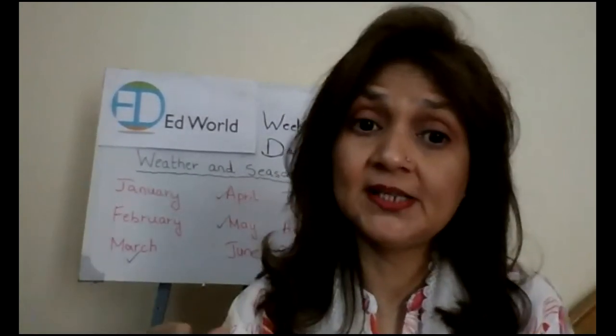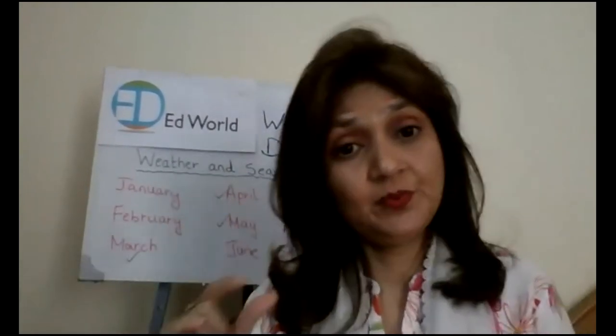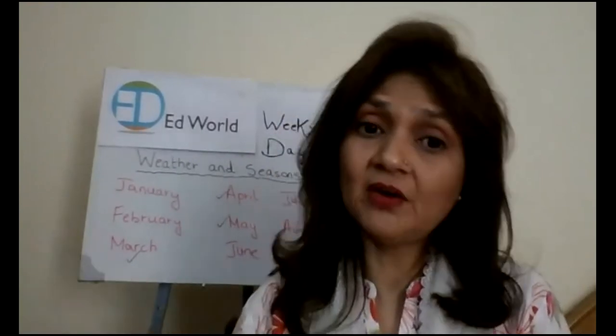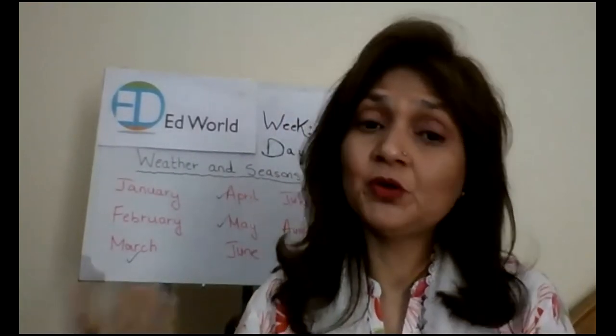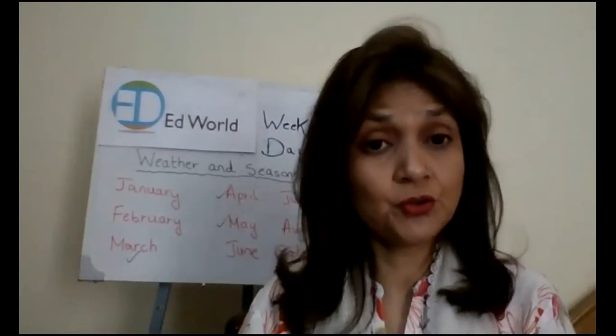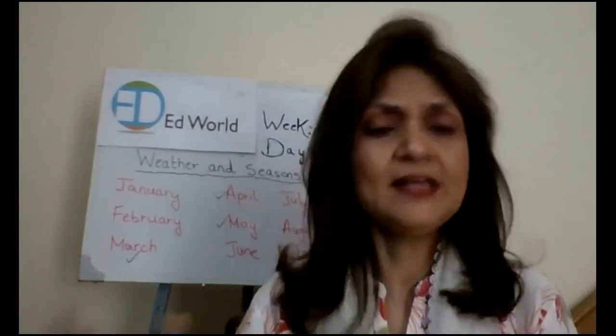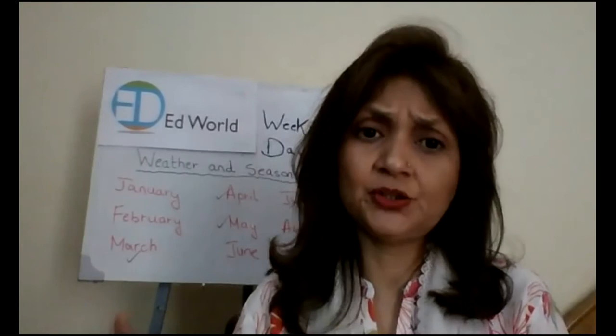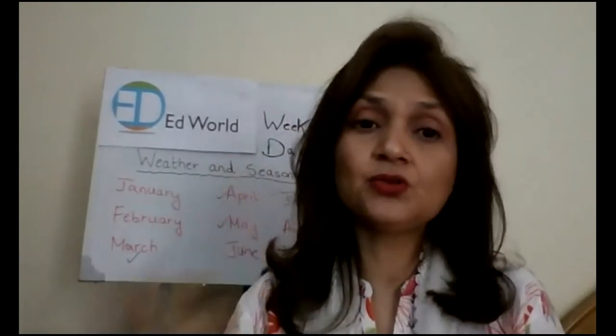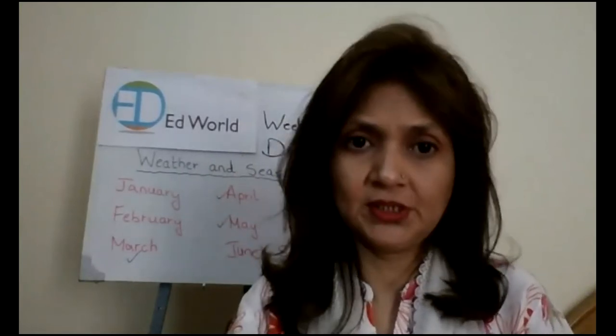Once you draw, then you will write one line or two lines about that season. That this picture is about spring season. In spring season, what happens? Flowers grow, children enjoy because the weather is very good. It's not so hot, it's not so cold, right? So one line or two lines you can write about that season. Since it is drawing and writing, I'm going to give you 15 minutes for this task.